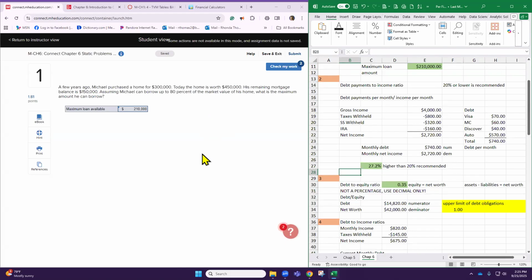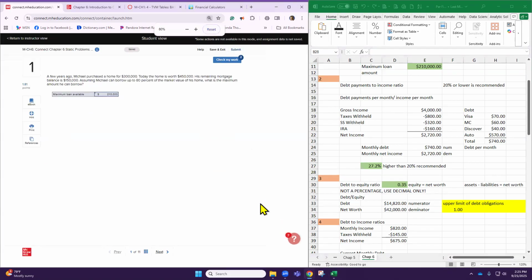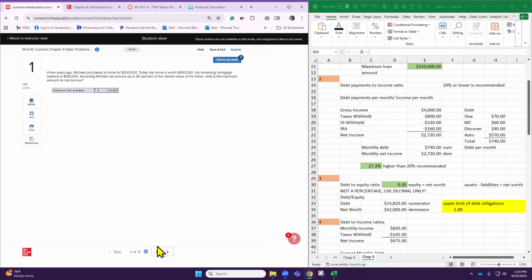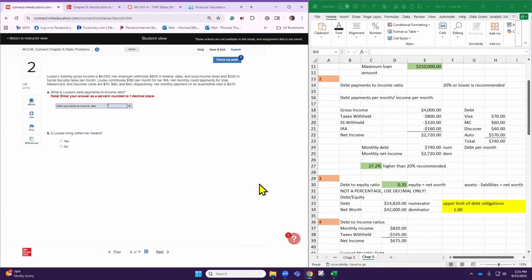So the second one. Onward we go. This one that we're going to learn is called the debt payments to income ratio.